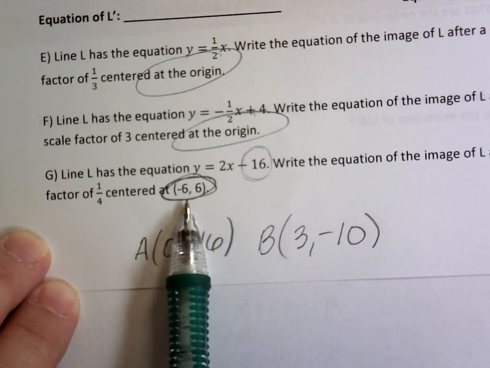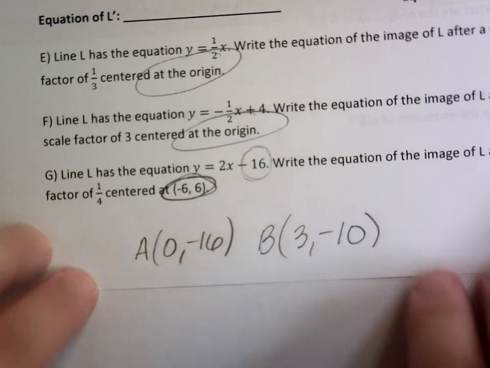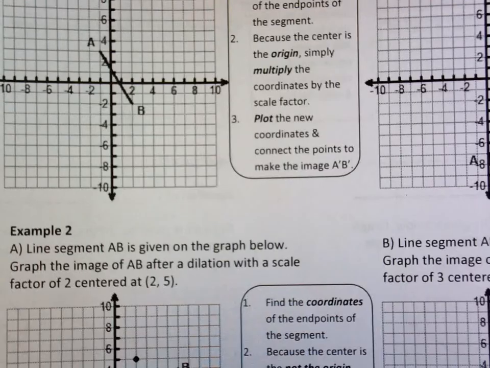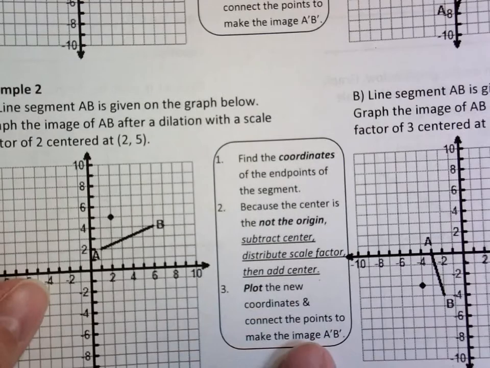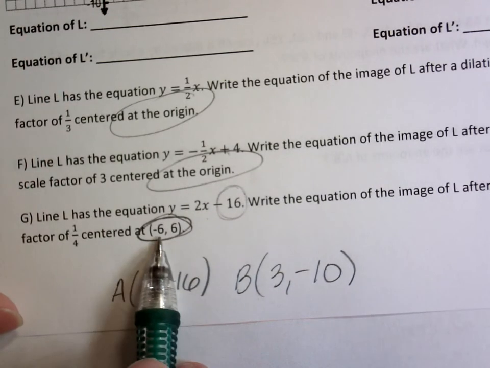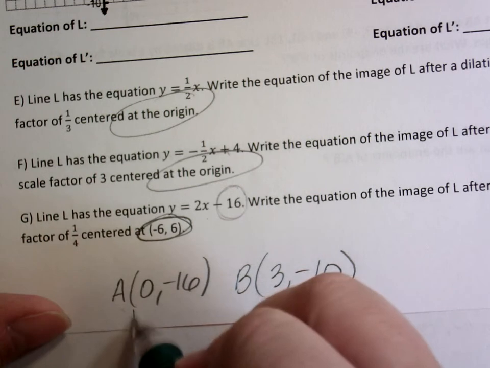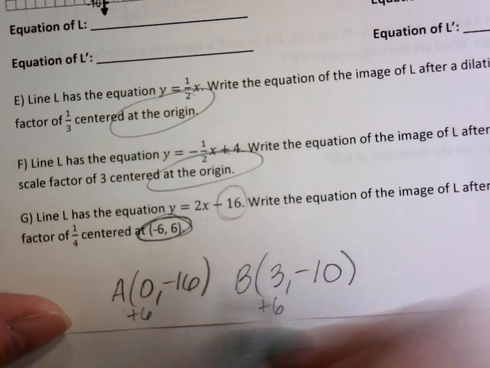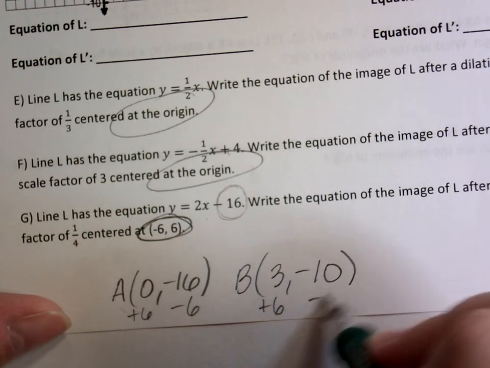The way I do that is I subtract the center, just like the directions told me in the middle of example 2. I'm going to do this process to both of these points. Subtracting -6 is like adding 6, and subtracting 6.